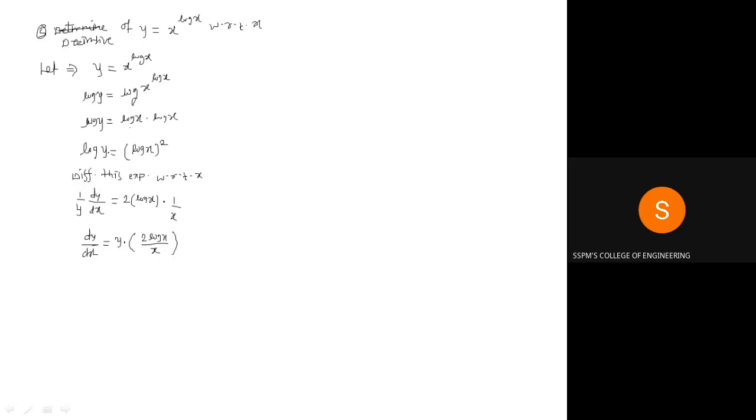And what is that y? y is x raised to log of x. So dy by dx is x raised to log of x into 2 log x upon x, and this will be the correct option for that question.